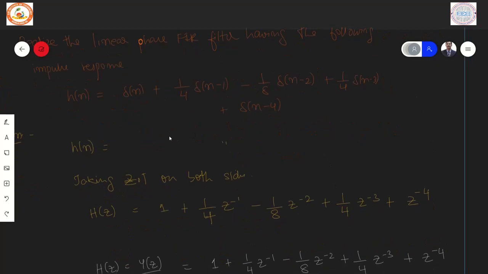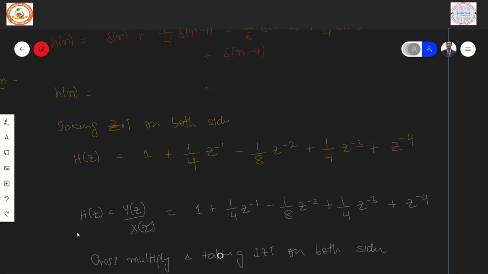Therefore, in any problem, please note down what is given first. So we copy whatever value of h of n is given. Next, taking the transform on both sides, you know the result now. The answer is 1 plus 1 by 4 z power of minus 1 minus 1 by 8 z power of minus 2 plus 1 by 4 z power of minus 3 plus z power of minus 4.